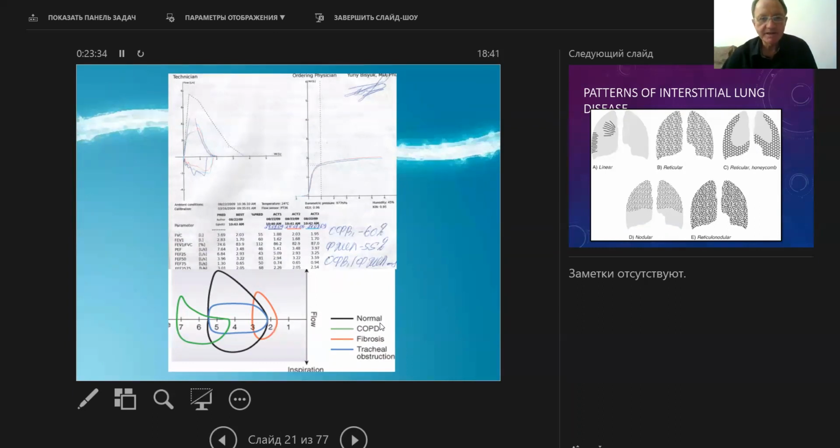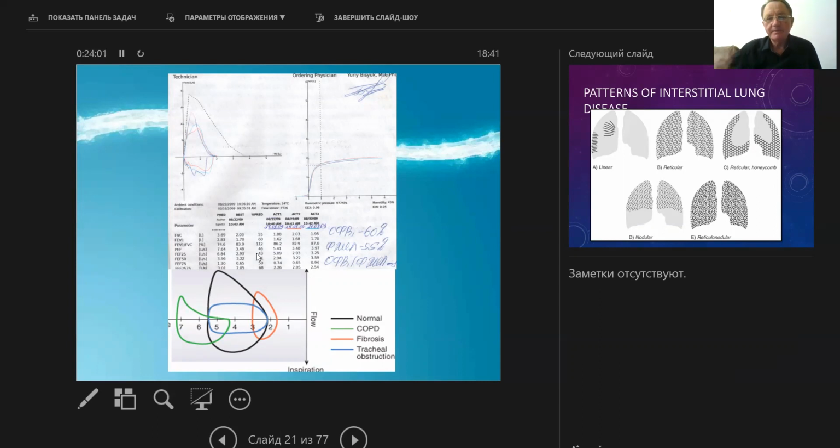In this spirography, you can see the spirogram curve typical for restrictive disorders. You can see, for example, forced vital capacity. In this column, it's percentage of predicted level, and the diminished forced vital capacity is 55% of predicted level, and forced expiratory volume in 1 second 60%.